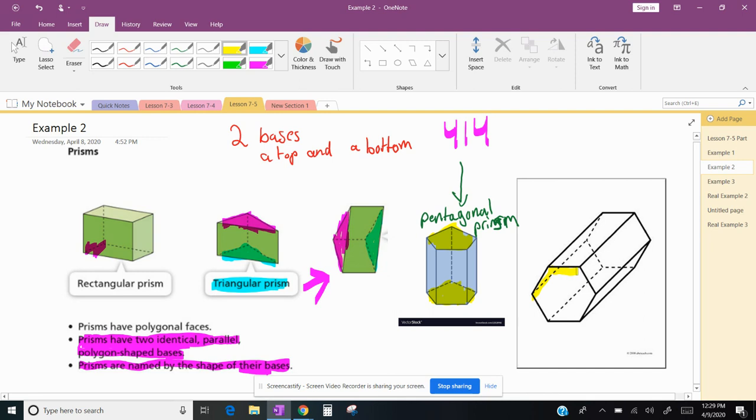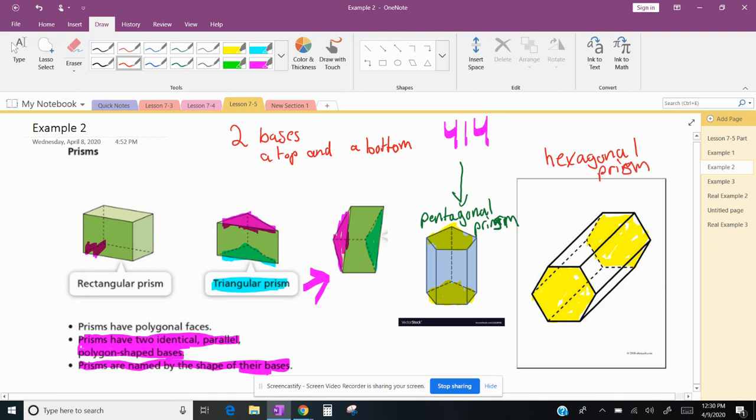I see one here, and that looks like a hexagon to me because of its 6 sides. And I see one in the back. So this one would be called a hexagonal prism.